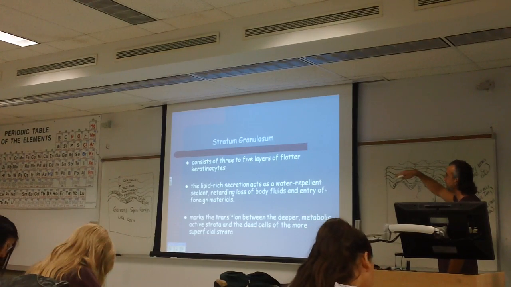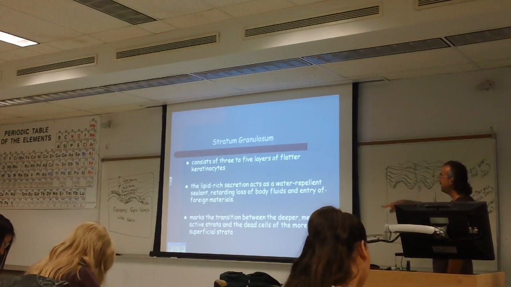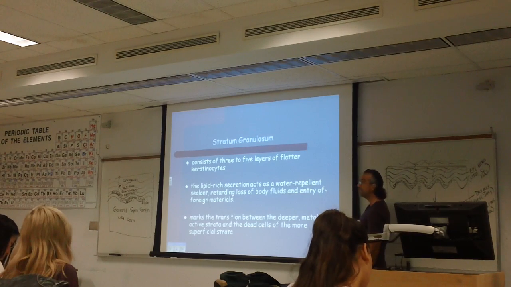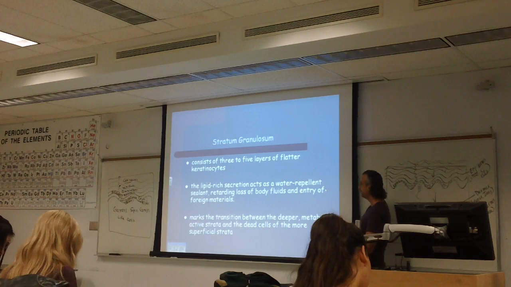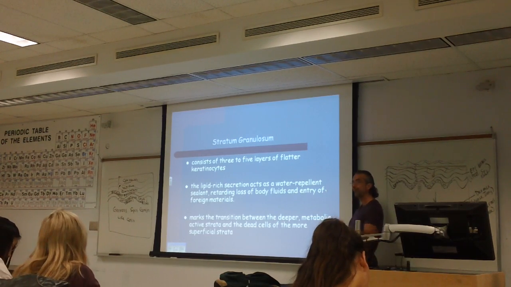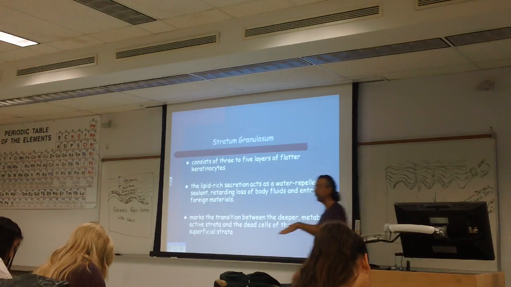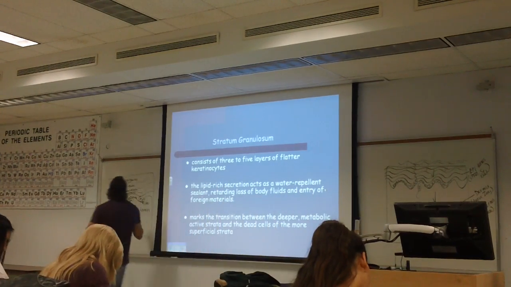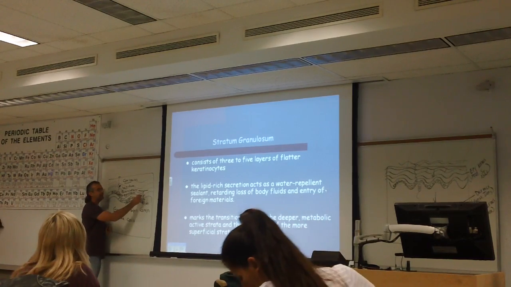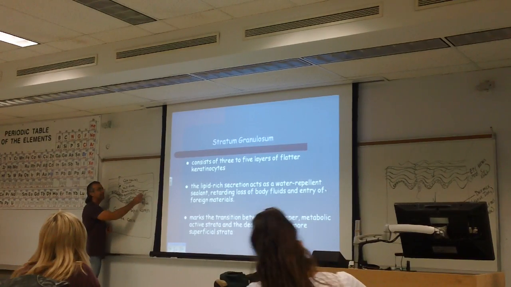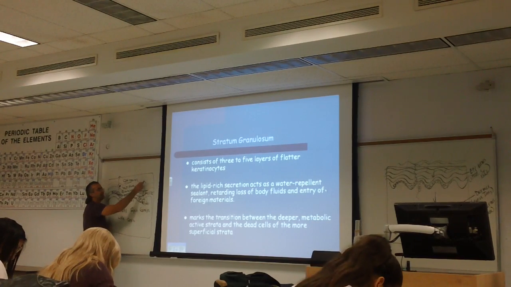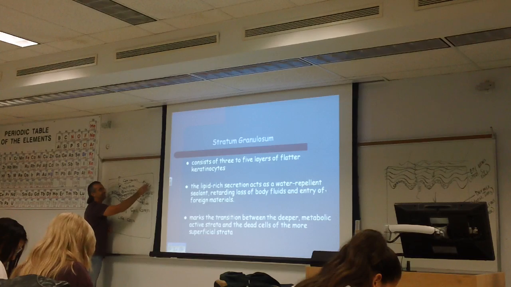It's lipid-rich, but don't worry about that. The granulosum marks the transition between the metabolically active layer and the dead cells of the more superficial strata. What does that mean? That's my cutoff point. Anything below my stratum granulosum is alive, anything above it is dead.